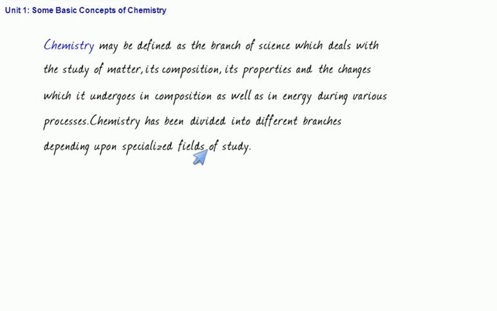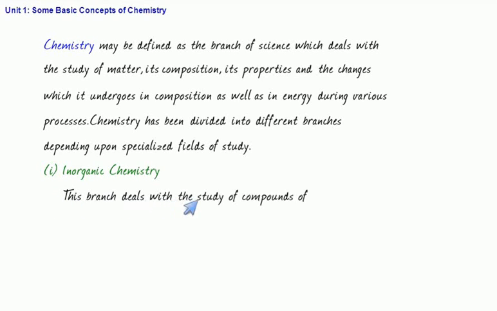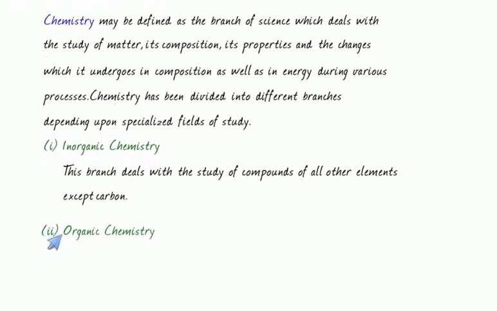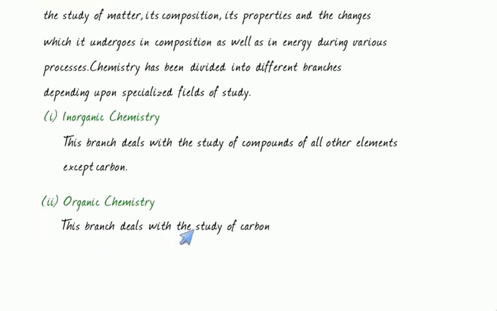For example, number 1, inorganic chemistry. Inorganic chemistry deals with the study of compounds of all other elements except carbon. Second, organic chemistry. Organic chemistry deals with the study of carbon compounds.